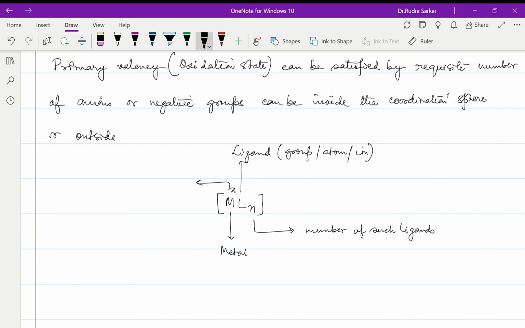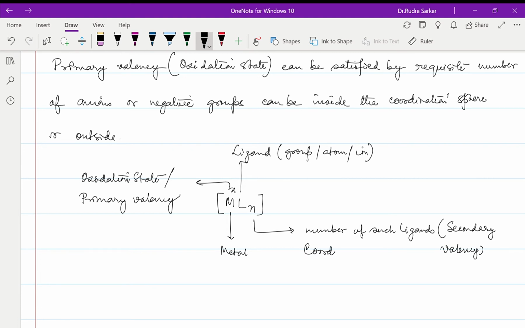Say this is X. This X is nothing but the oxidation state, which is called the primary valency. This number of ligands is basically your secondary valency. It is also called the coordination number.